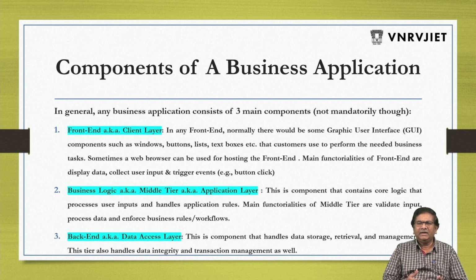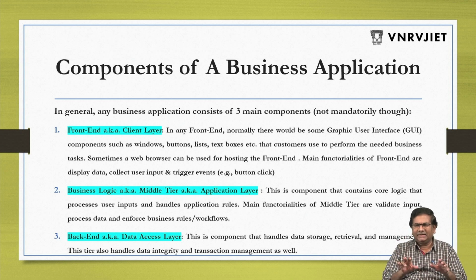In any front end, normally there would be some GUI, graphic user interface components, which contain windows, buttons, lists, text boxes, scroll boxes, all these things, right? So UI components, graphic GUI components that the customer uses to perform the needed business task. It's something like this.